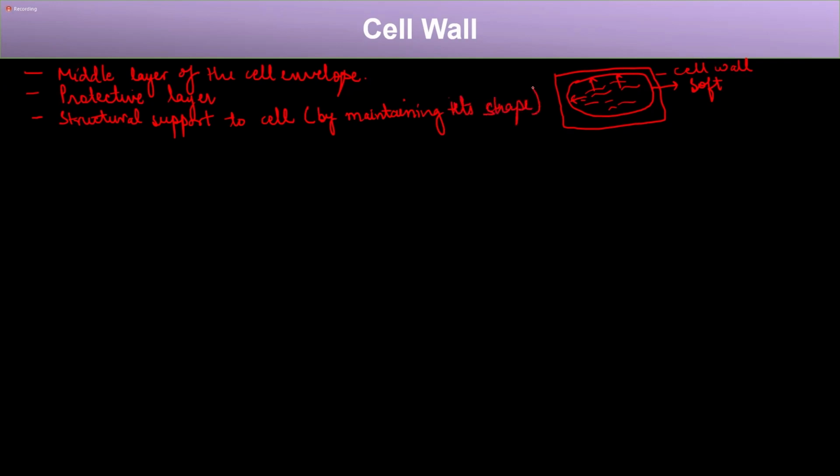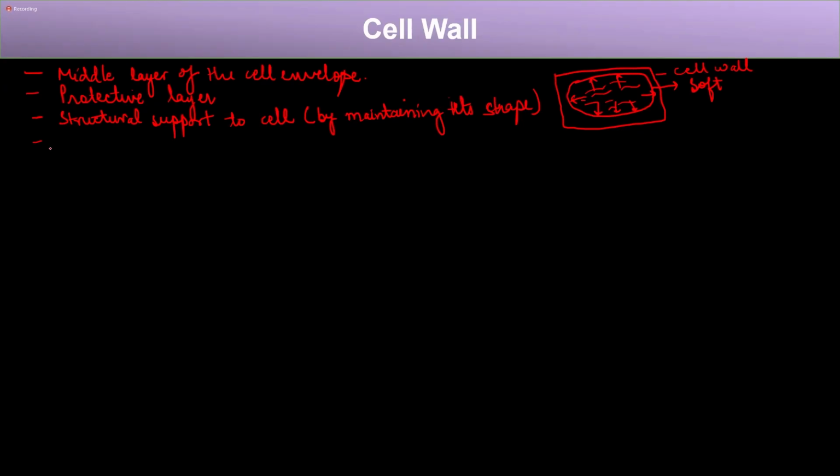Now, the third thing, apart from this: if the pressure becomes more, the cell can collapse because its plasma membrane will disrupt.